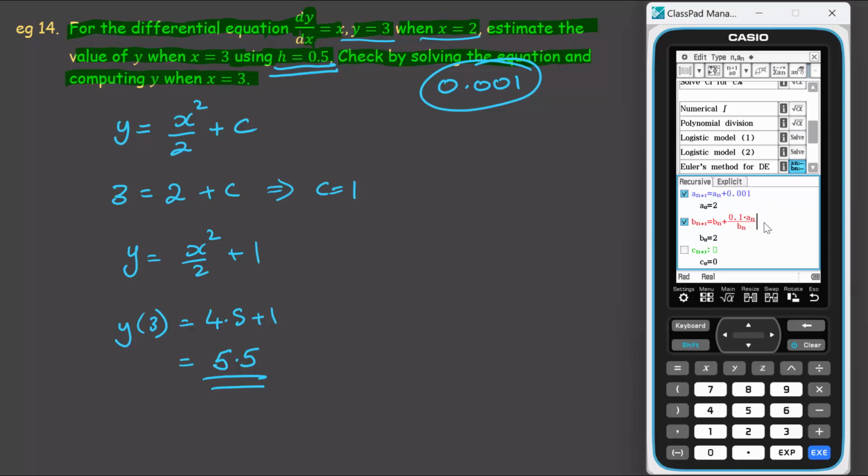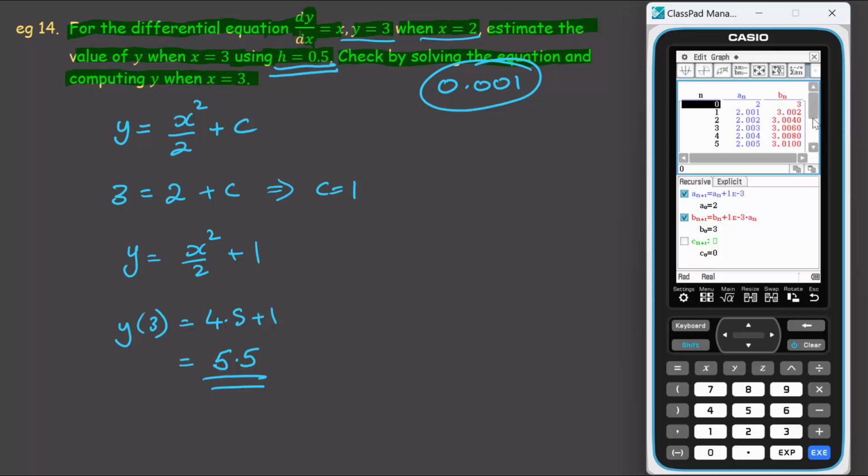So for our one, that part is going to be 0.001, which is the H, times AN, which we'll find in here. And that's AN just because this is dy/dx equals x. And the B0 is 3. Okay, then we're going to generate the sequence, which is here.